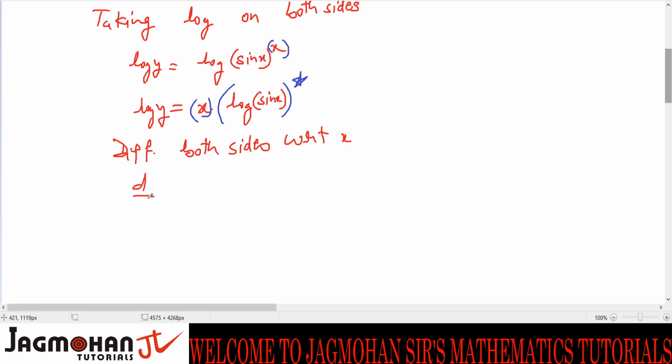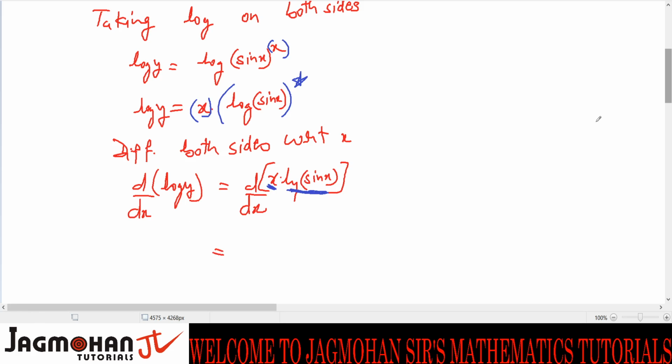So this will get me d by dx of log y, and here you have d by dx of x into log of sine x. As you know, students, this x is u, a function of x, and this log of sine x is v. So I will go for product rule.